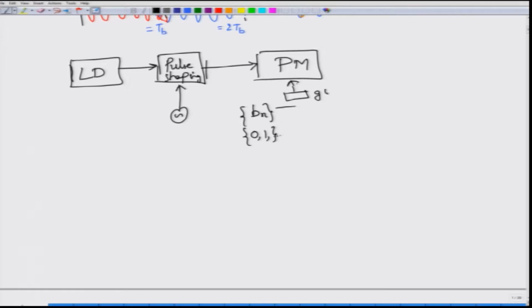So, let us call this some g of t, right, and then you have an optical pulse shape which is coming out as say p of t. Maybe I have switched p of t and g of t notations from the earlier module to this module. It is simply important to note that optical pulses are going in as input to the phase modulator, and there is an electrical pulse shaper which will take this b of n.